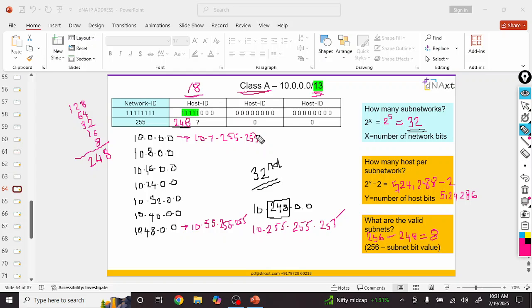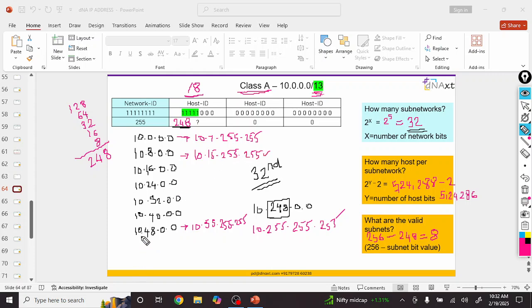First valid host will be 10.0.0.1 and the last valid host will be 10.7.255.254. Here the first valid host will be 10.8.0.1 and the last valid host will be 10.15.255.254. This is your broadcast ID and 254 will be your last valid host.